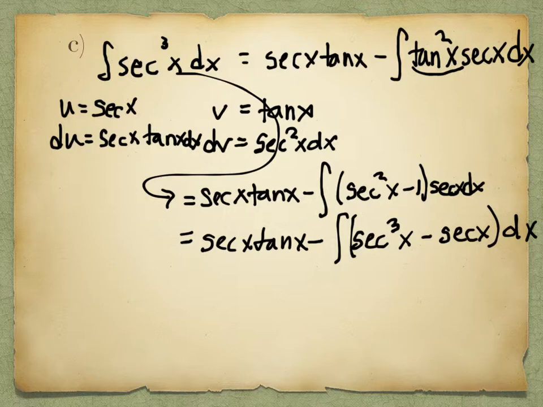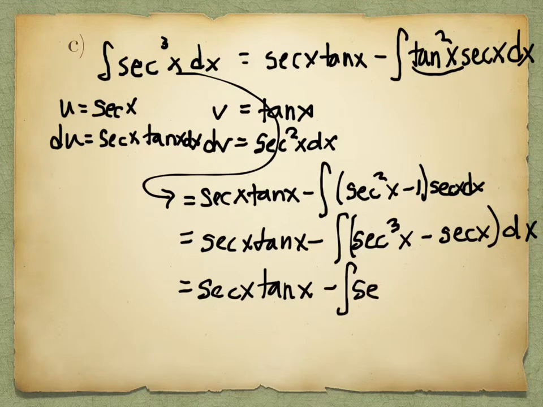Suggestions? What's going on now? You got what we started with? Almost. I have a portion of what I started with, right? But only if I separate my integral. So let's separate the integral, all right? So I have secant of x, tangent of x, minus the integral of secant cubed of x dx.